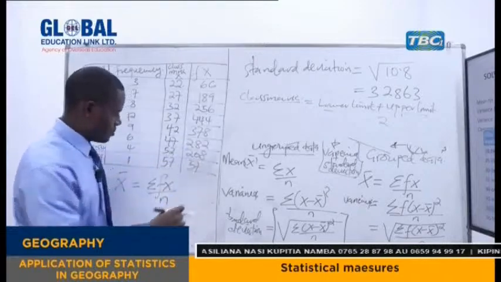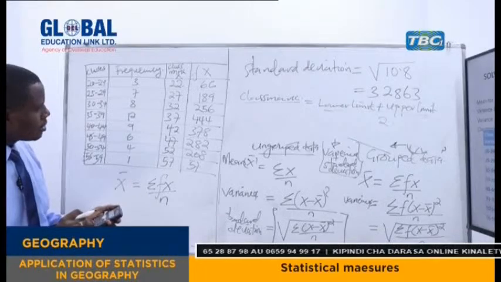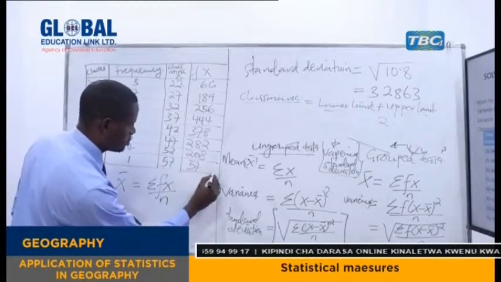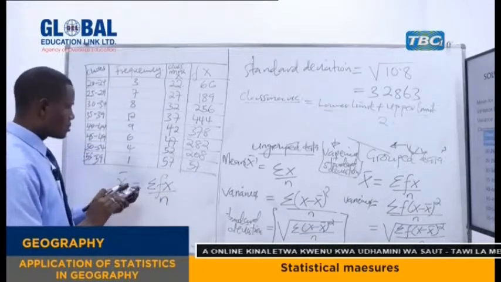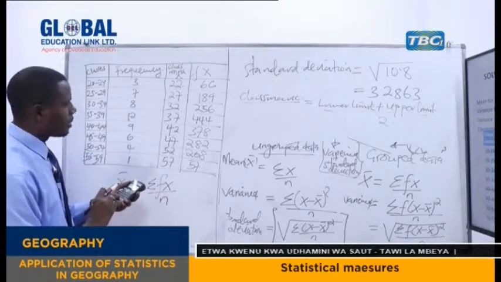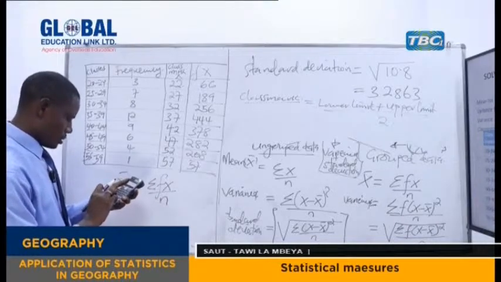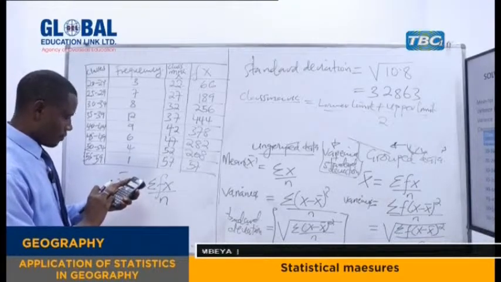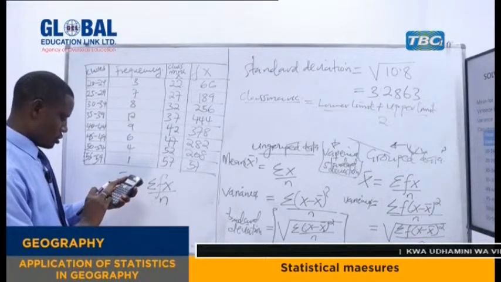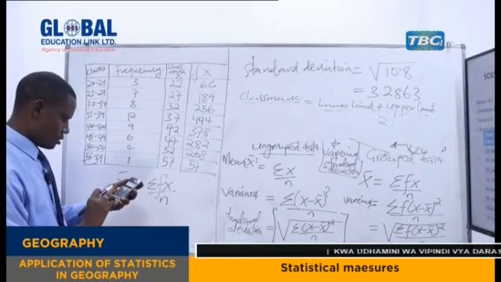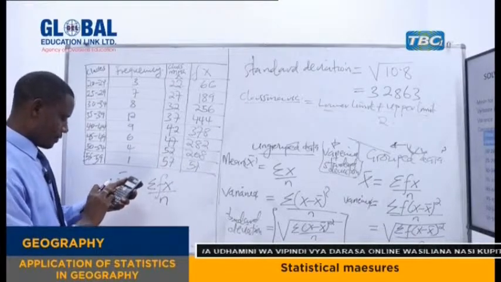If you sum up that column, you come up with 66 plus 189 plus 256 plus 444 plus 378 plus 282 plus 208 plus 57.